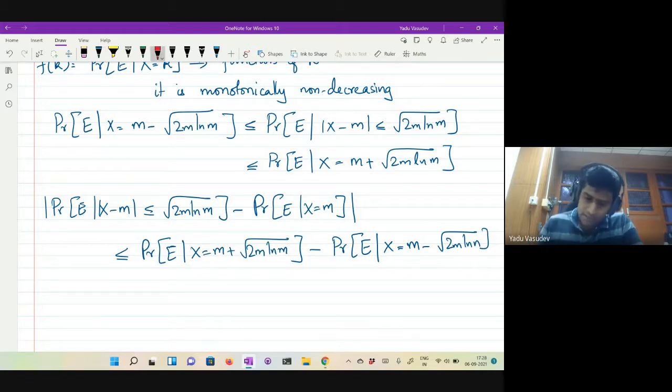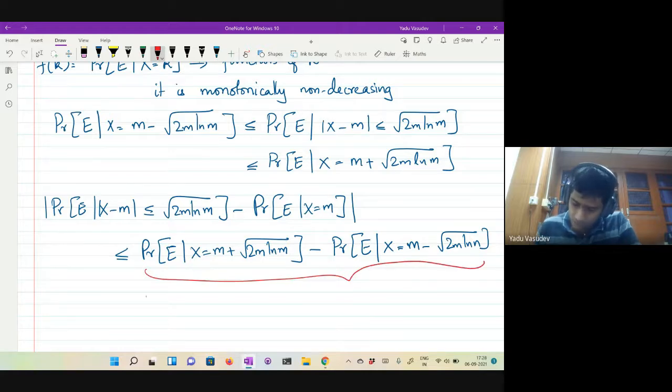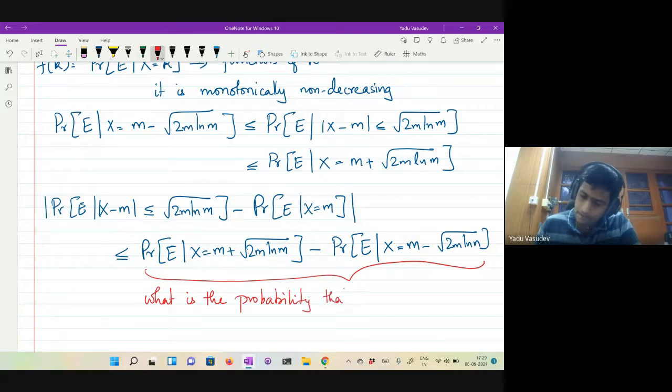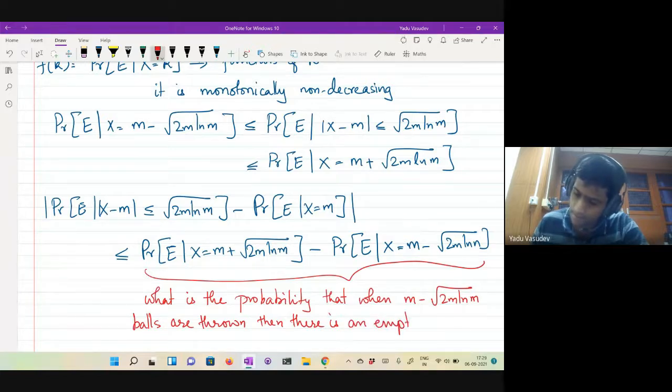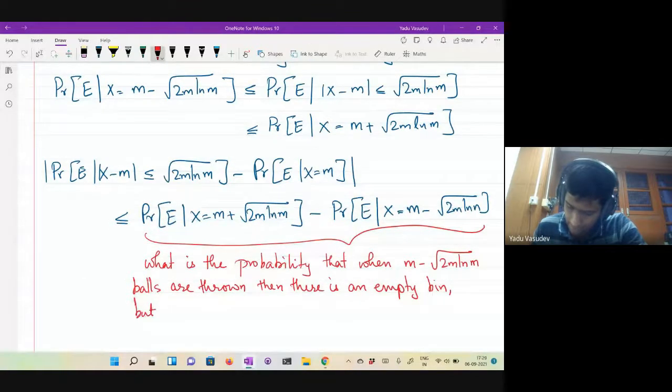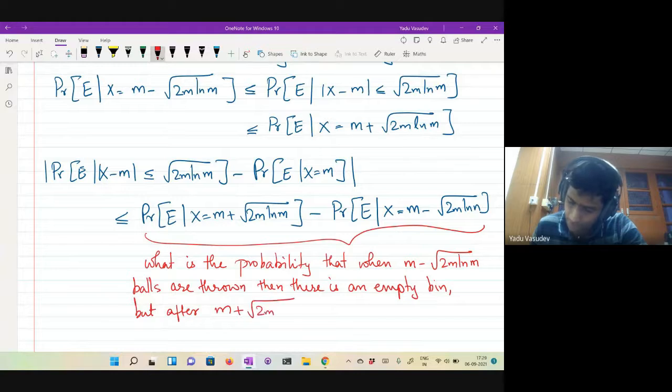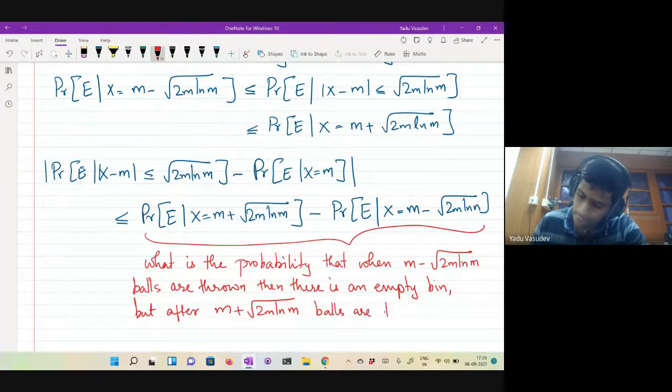So if you look at this quantity, what does it say? It is saying: what is the probability that when m minus square root 2m ln m balls are thrown, there is an empty bin, but after m plus square root 2m ln m balls are thrown, all bins are non-empty?